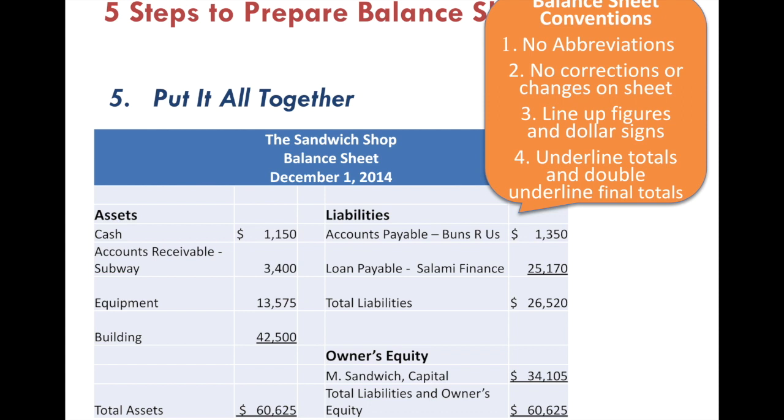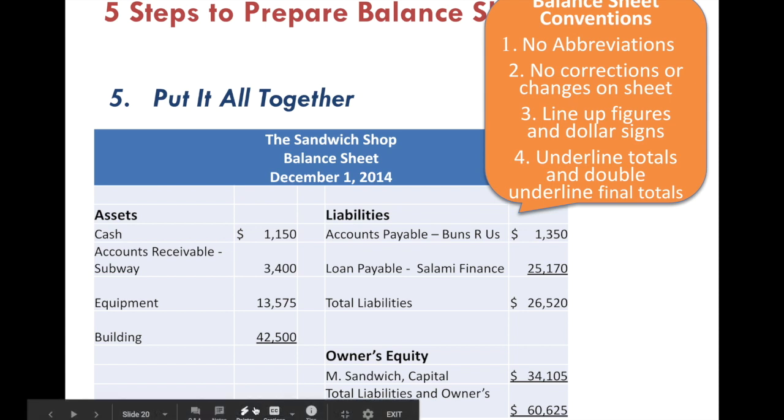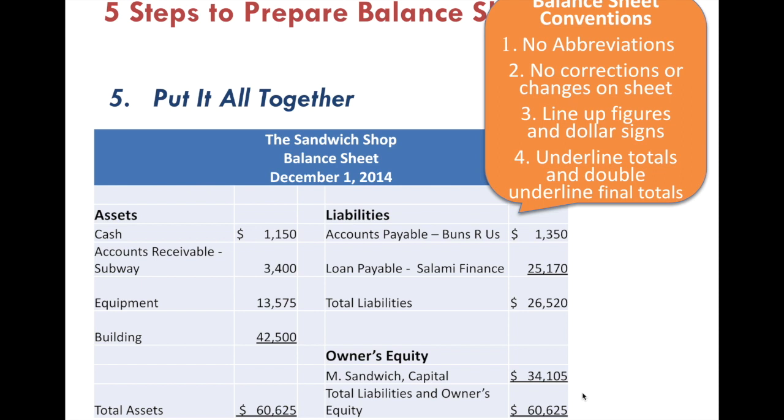We can see that total assets equals liabilities plus owner's equity, meaning that everything's balanced. So that means you did the thing correctly. If this and this are not equal, you've done something wrong.